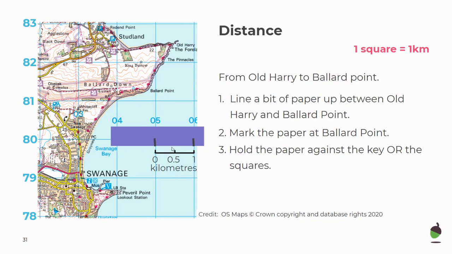So the distance was from the corner to here. So I've measured that that section there is 1 kilometre, but we've still got this extra bit. And I think if I estimate, that's about 0.25. So the answer is that Old Harry is 1.25 kilometres away from Ballard Point.